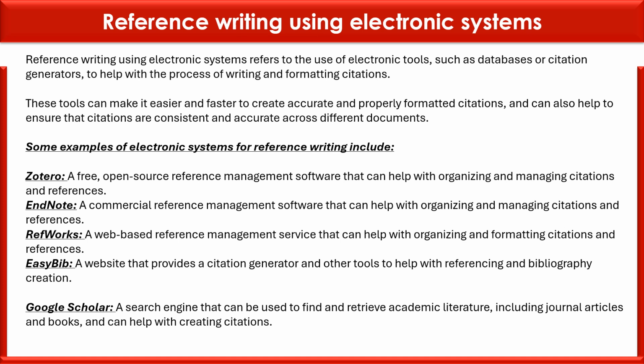These tools can make it easier and faster to create accurate and properly formatted citations, and can also help ensure that citations are consistent and accurate across different documents. So these are some of the popular examples of electronic systems for reference writing.